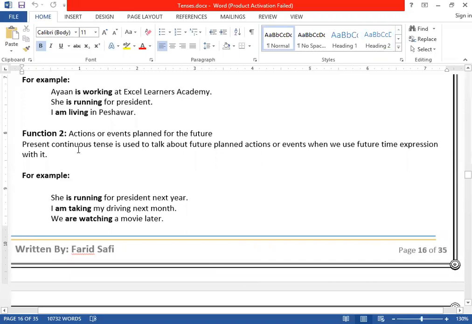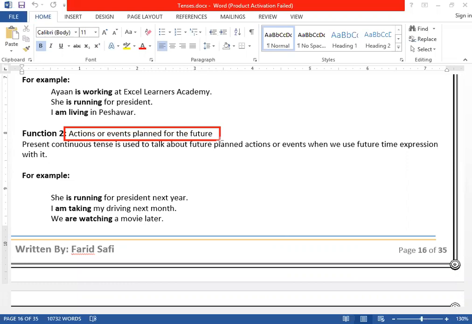Actions or events planned for future. Present continuous also gives us future meaning, clear? We can also talk about future. It can be used for future planned actions. Those actions are arranged for future time. If you put a future time expression at the end of present continuous tense, it changes its meaning to future.